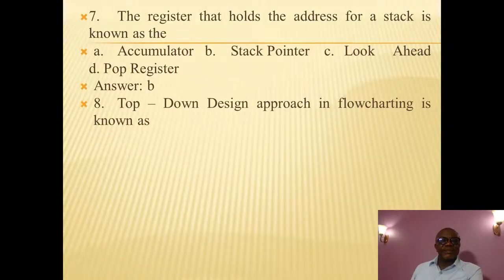So question 8, the top-down design approach. Which one do we take? We say that the top-down design approach is also known as structured design. And when we say structured design, it's when you start from the beginning to take things one after the other, starting from the unknown to the known.